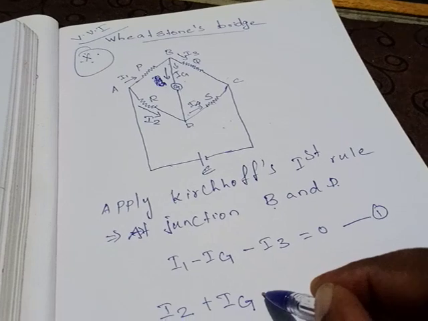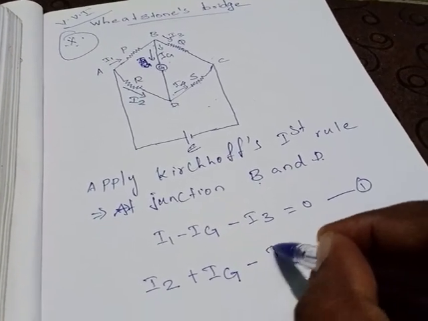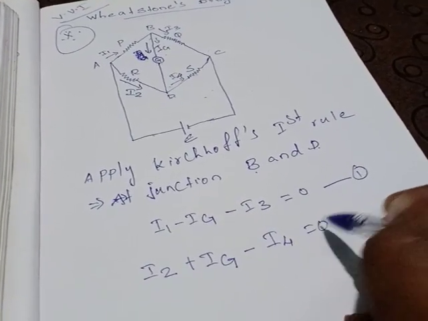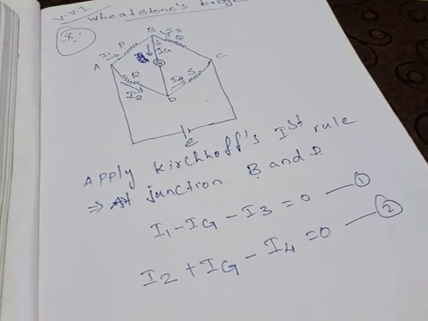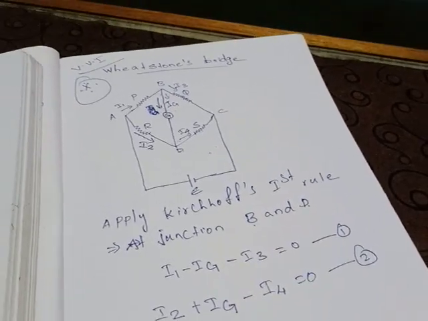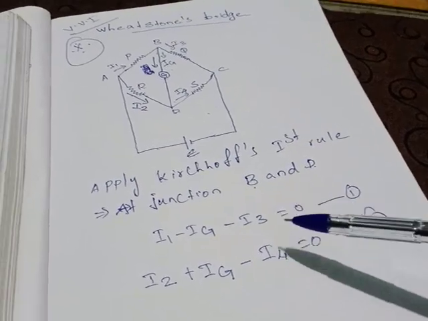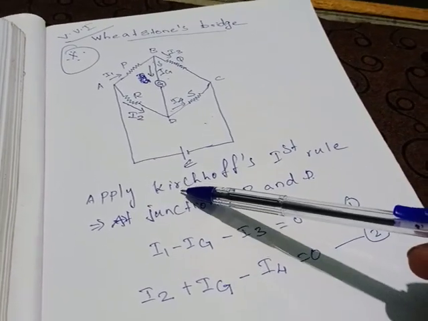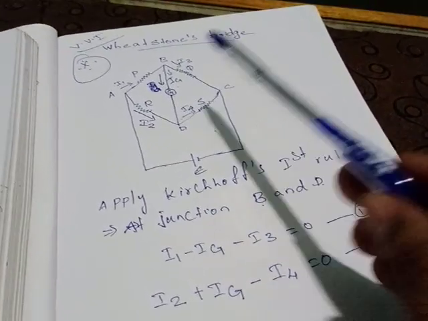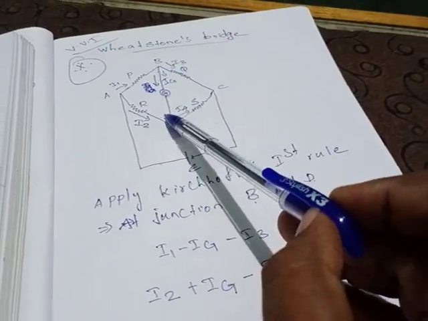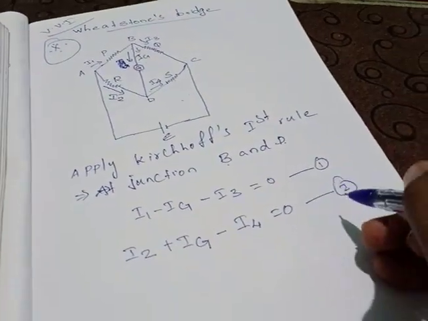I4 is away from the junction, so minus I4 equal to 0. This is equation 2. I believe you have understood how I found this: just applying the Kirchhoff first rule to junctions B and D and taking two equations.